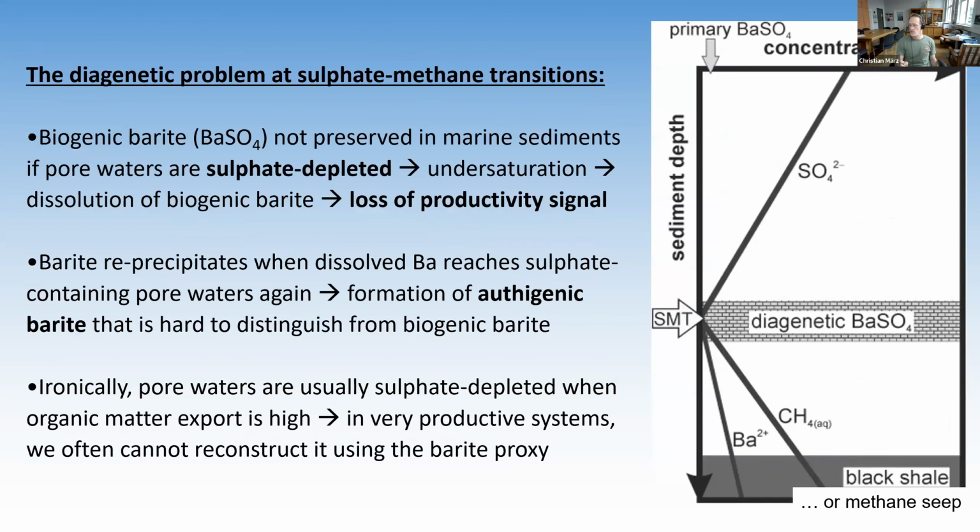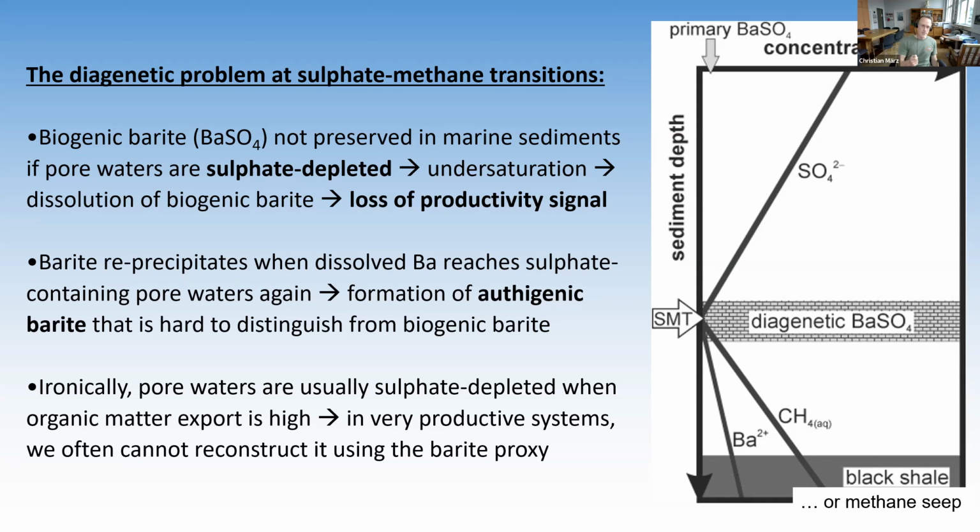But you have one problem with barite, and that problem arises at this sulfate-methane transition. Biogenic barite is not preserved in marine sediments if the pore waters are sulfate depleted, because it's a barium sulfate. If there is no more sulfate in the pore waters, that stuff gets dissolved. So you're losing this productivity signal.